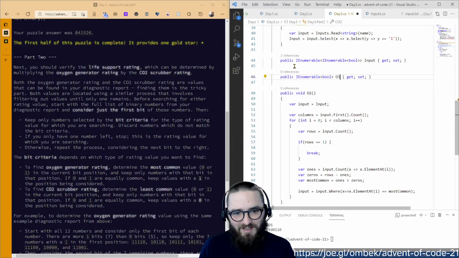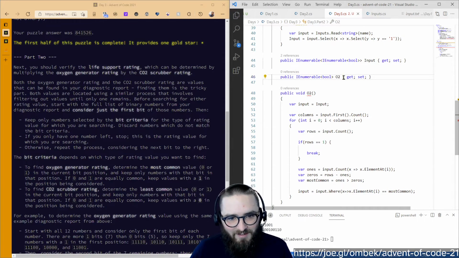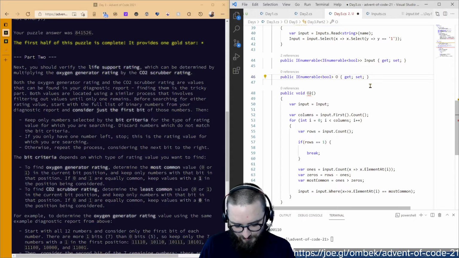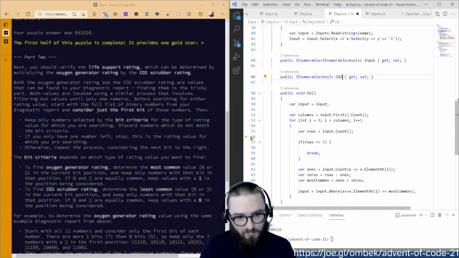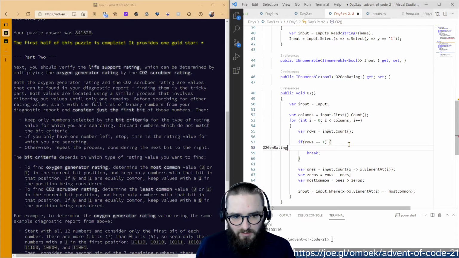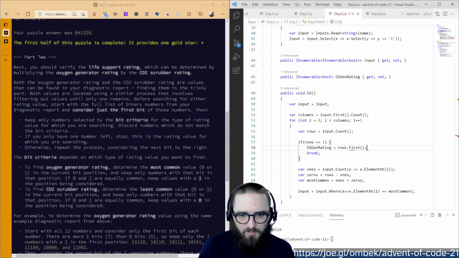Let's just stick it up there. What's it called? O2 generator rating equals rows dot first.